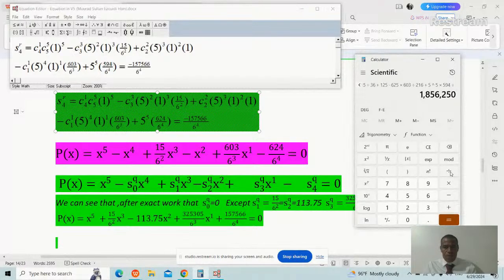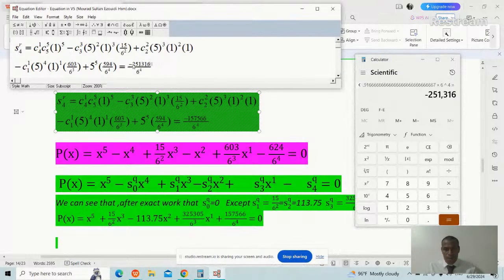We multiply by 6 raised to the power 4 to get a whole number. So it will be 200 minus 251, 216. Yes.